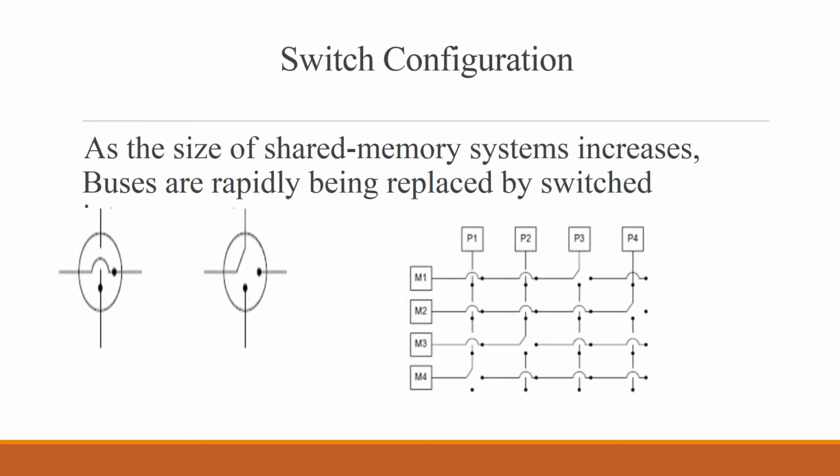Here the switch is used to connect the memory elements and the processing elements, and conflicts occur if more than one processor tries to access the same memory module. In this figure, P1 is accessing the memory element M4 and P2 is accessing M3 and P3 is accessing M1 and P4 is accessing the memory module M2. So here there are no conflicts.